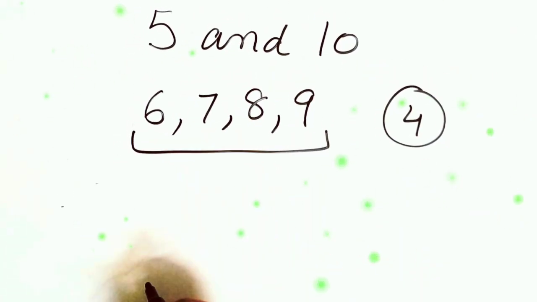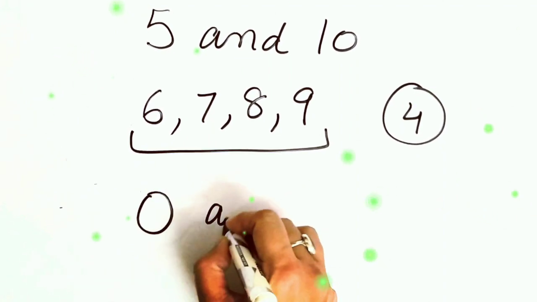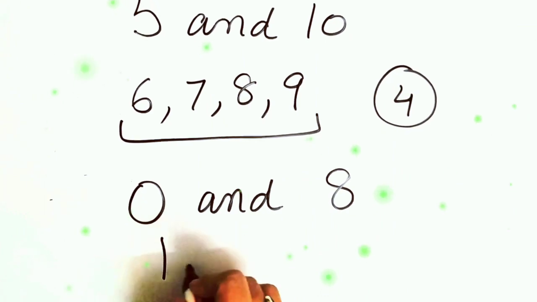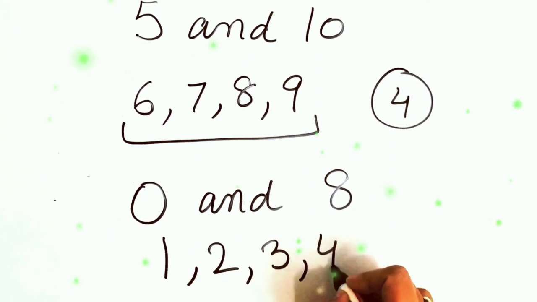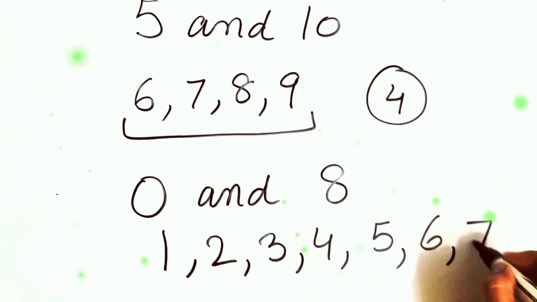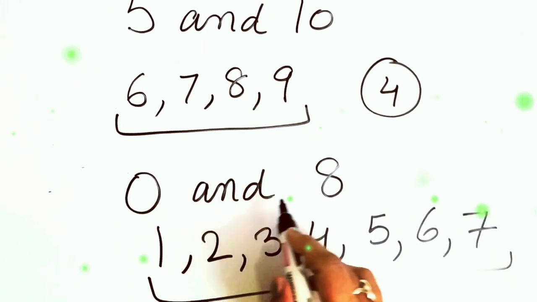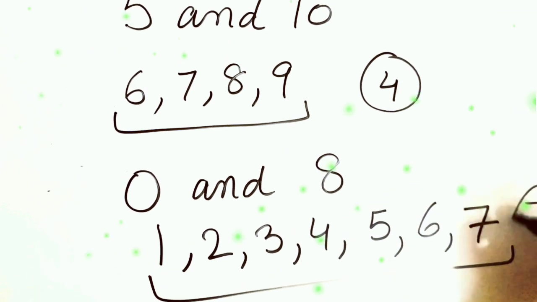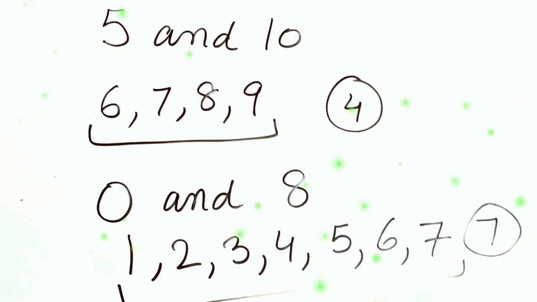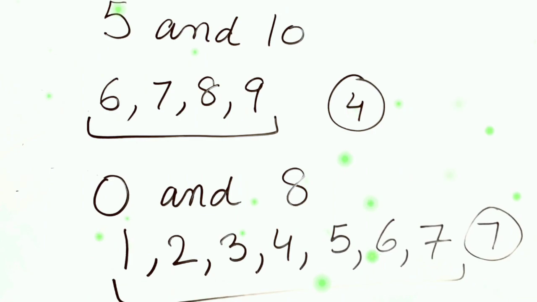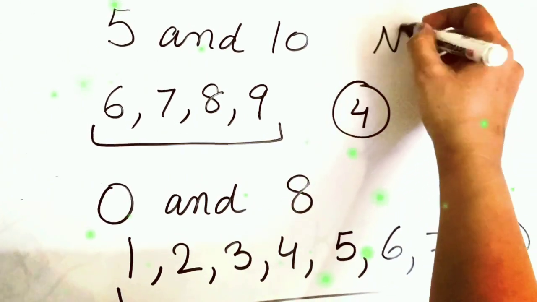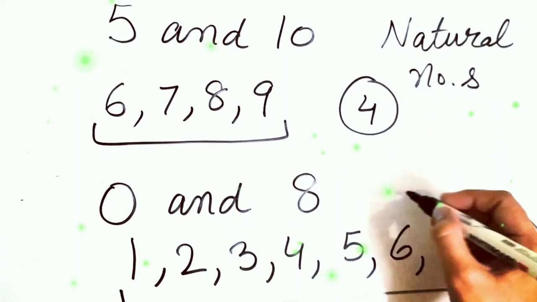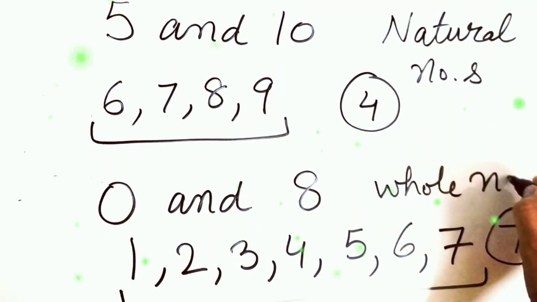Even if I talk about whole numbers and I ask you how many numbers are there between 0 and 8, then you can say that 1, 2, 3, 4, 5, 6 and 7 lie between 0 and 8. The total is 7. So there are 7 numbers between 0 and 8. Right? Now this was about natural numbers and this was about whole numbers.